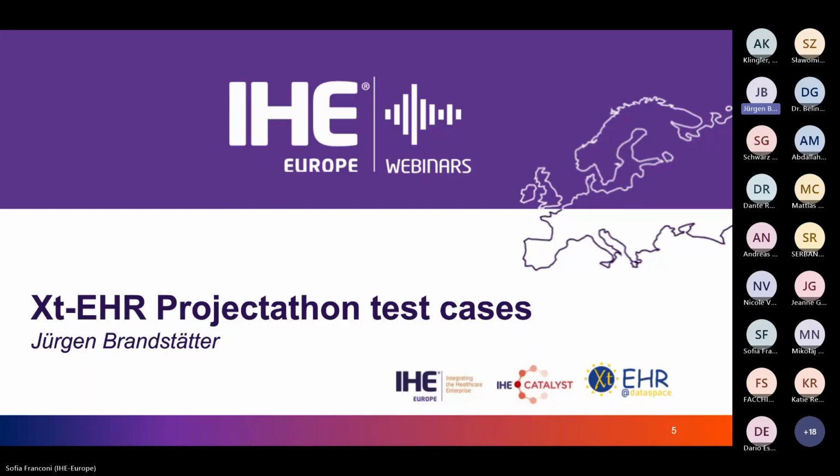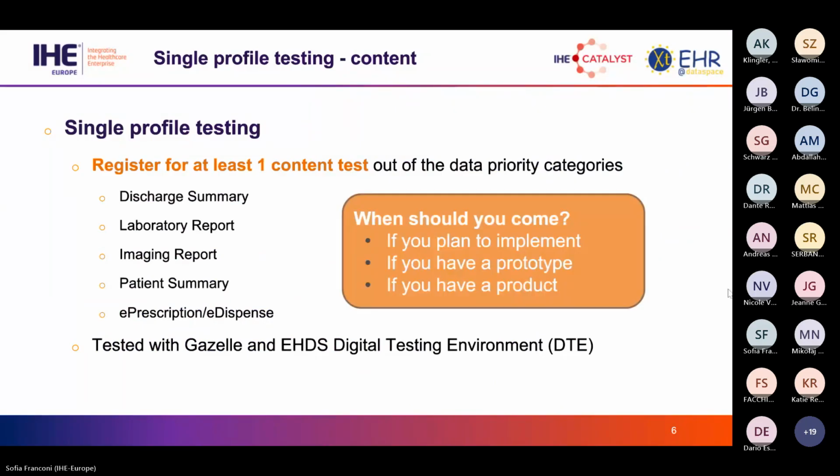This part of the webinar is about giving you an impression of the Projectathon test cases we have developed. First and foremost, there is of course the testing of the 5 or actually 6 implementation guides for the EHDS data priority categories.